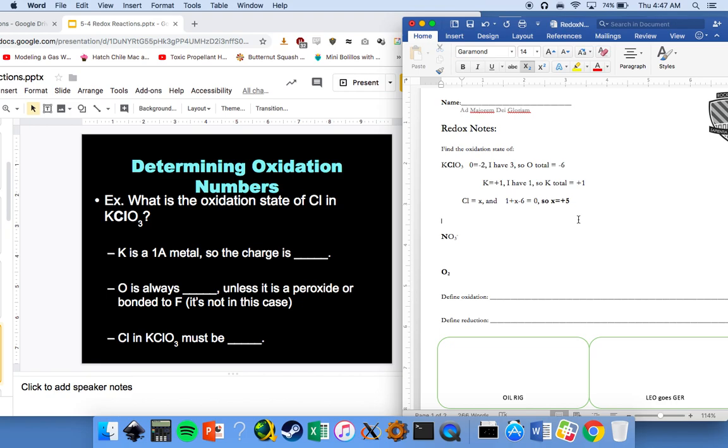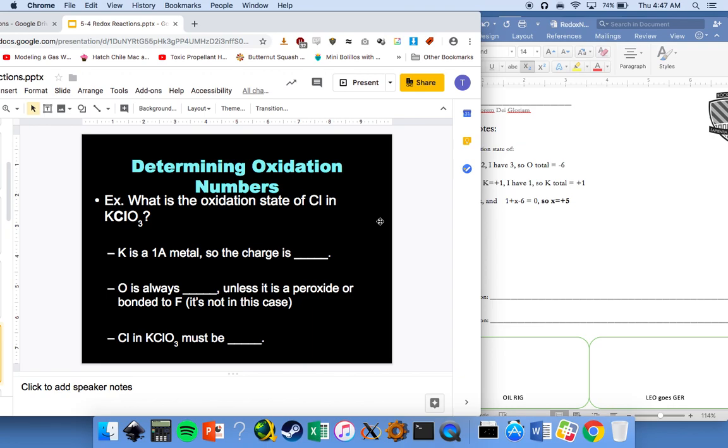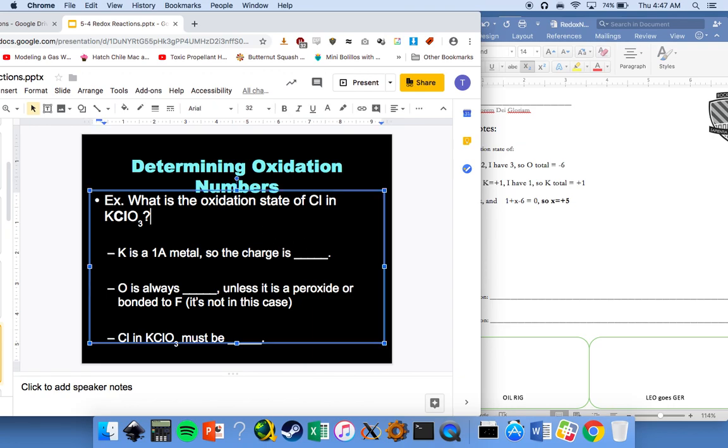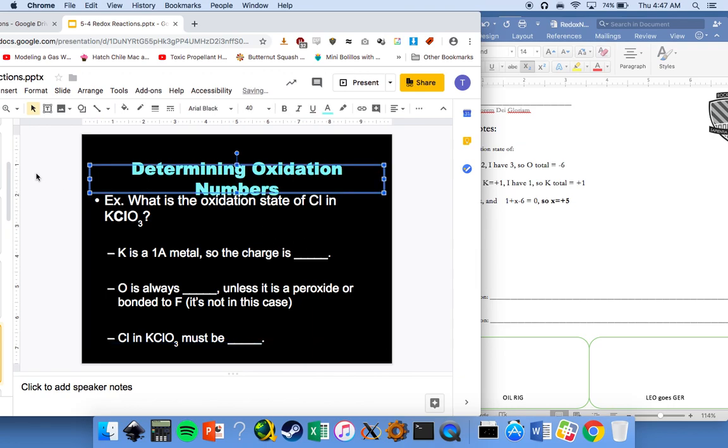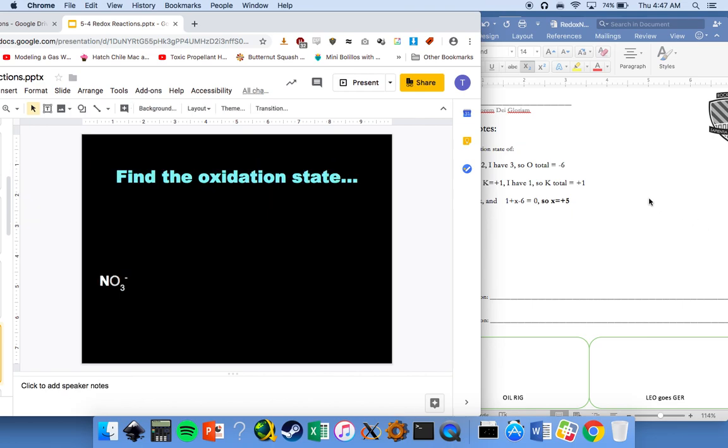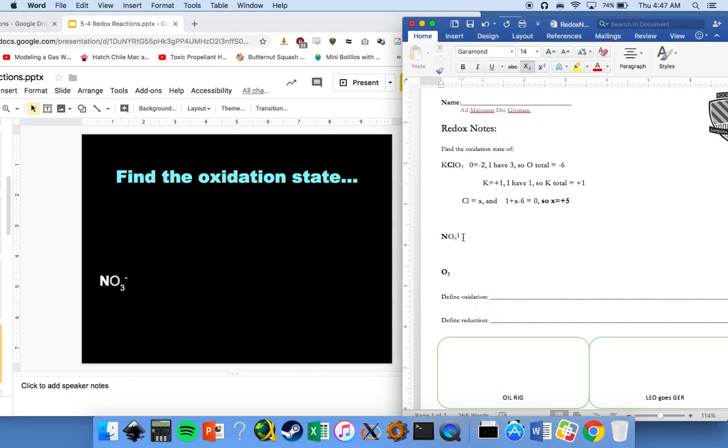All right, so let's look at this next one too. We'll find the oxidation state of the nitrate ion here. Okay, so I always start with the same thing. My total is -1. Because I've got a charge here that I've given you, I know that I'm trying to find a -1 total.